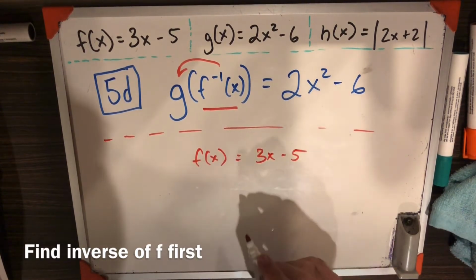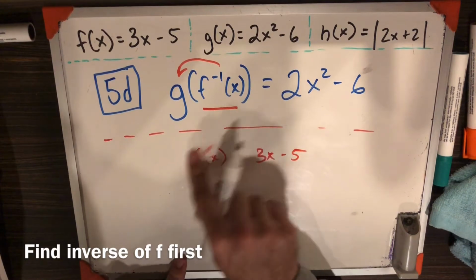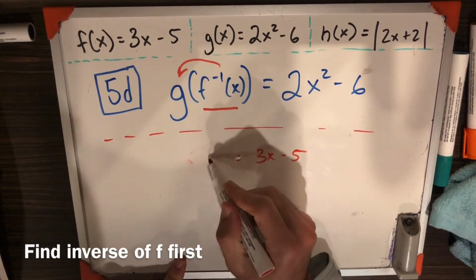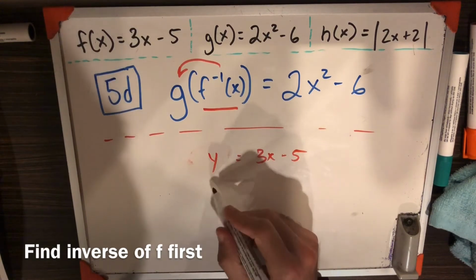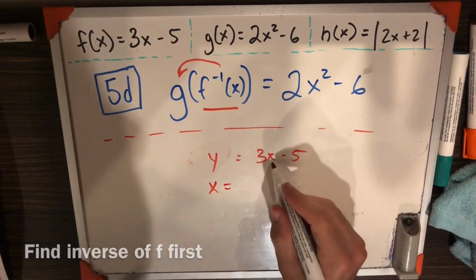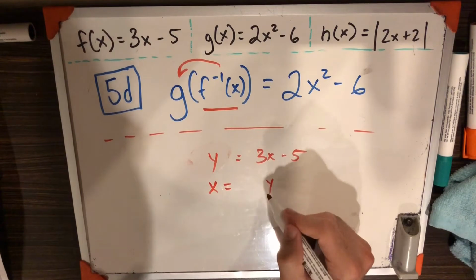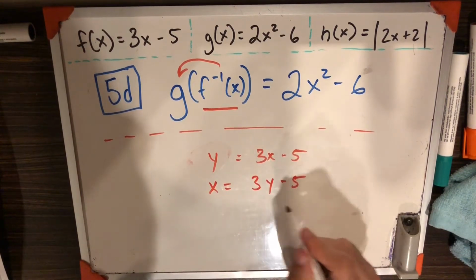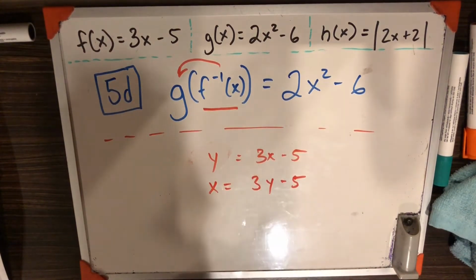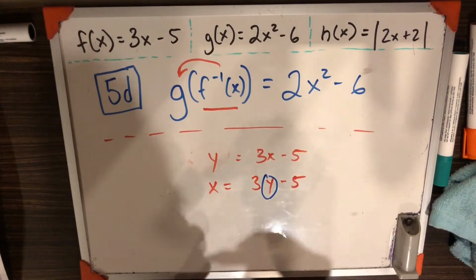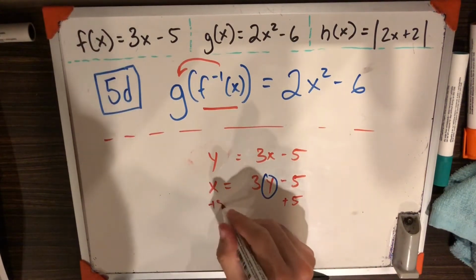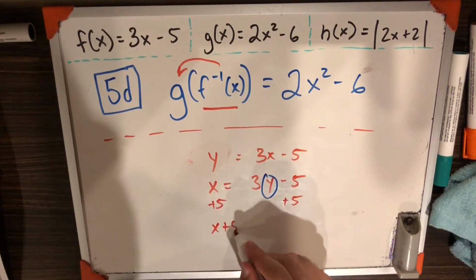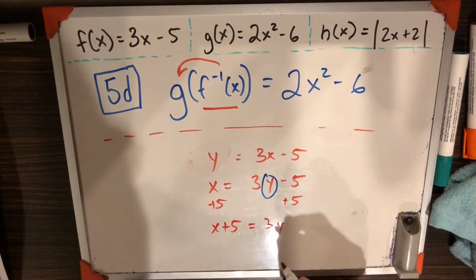I know f of x is equal to 3x minus 5. Again, f of x is the same thing as y, so if you want to replace that, be my guest. I'm going to replace y with x, and replace x with y. And now I'm solving for my new y. So I'm going to add 5: x plus 5 is equal to 3y.